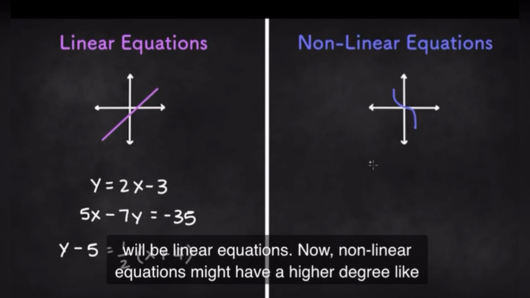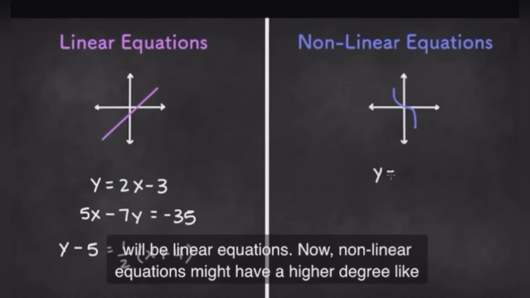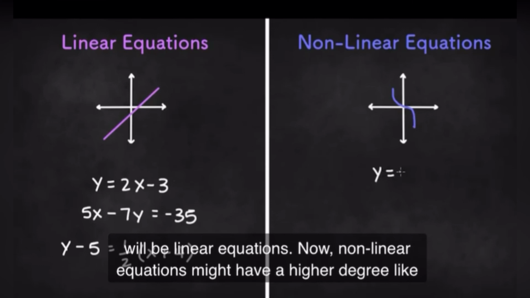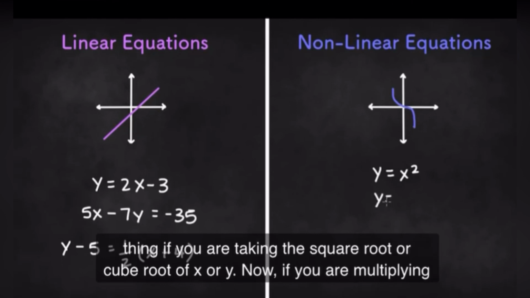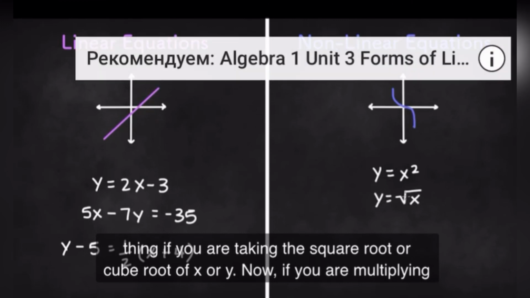Now, non-linear equations might have a higher degree, higher than linear. Like y equals x squared, anything that's squared or cubed will be a non-linear equation. Same thing if you are taking the square root or cube root of x or y.